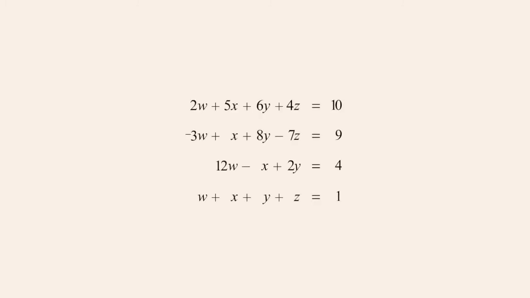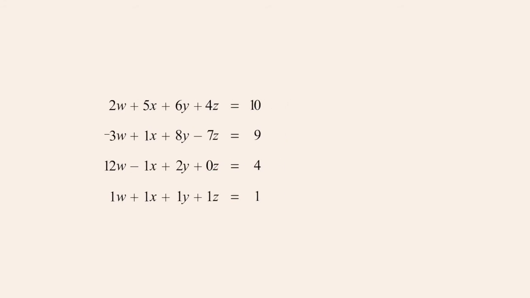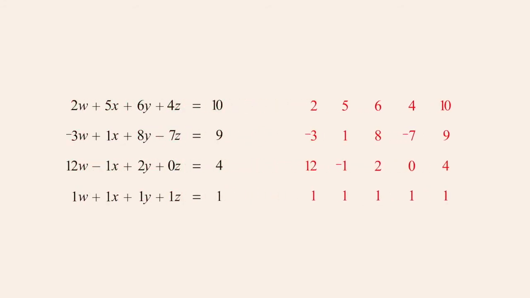Likewise, to create an augmented matrix for this system of four linear equations in four variables, we fill in the coefficients of 1 and any missing terms, collect the coefficients and constants, and enclose them in brackets with a vertical line.